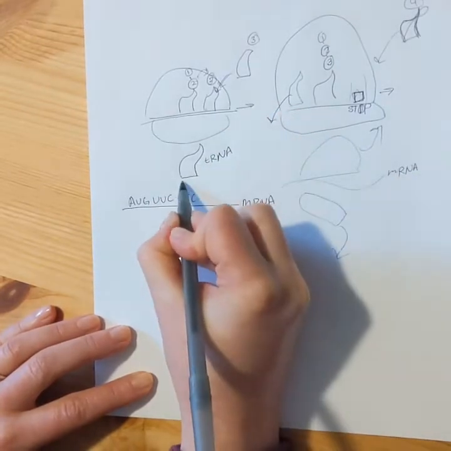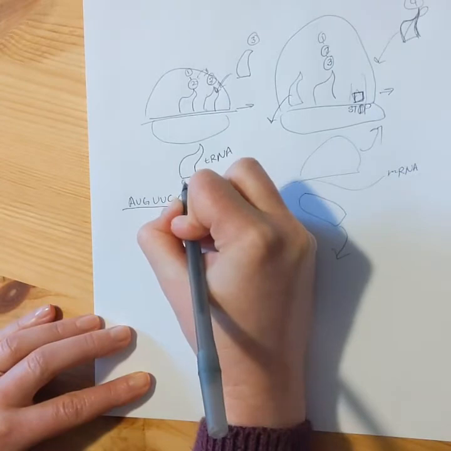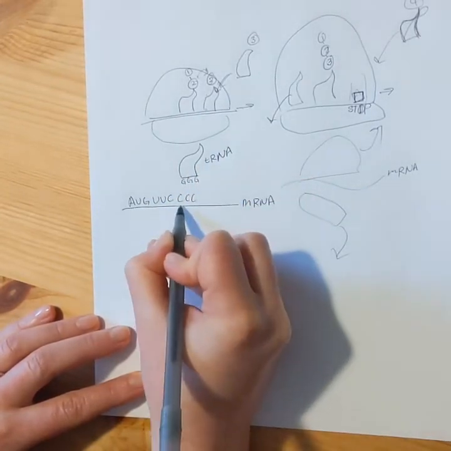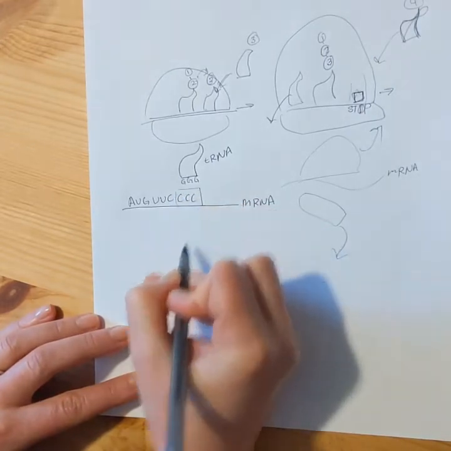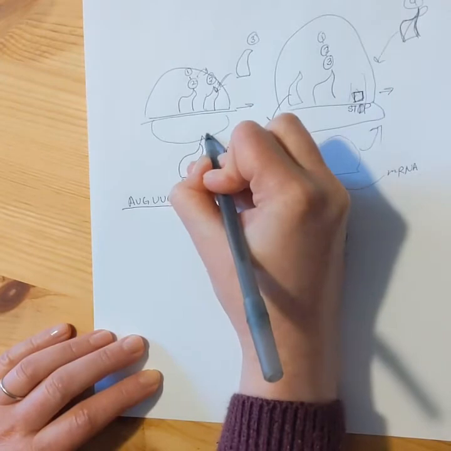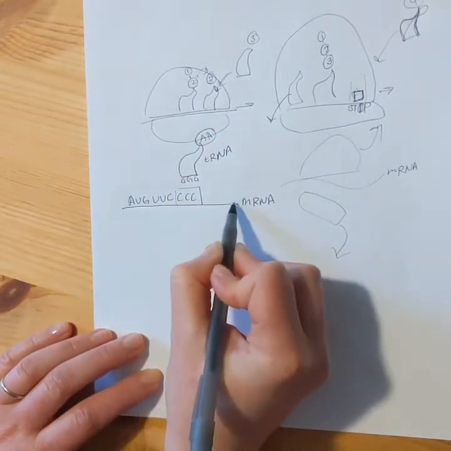There is an anticodon sequence. So at the base here, there's GGG. So this tRNA will only pair with this codon. And so that ensures that the amino acid that's being carried by this tRNA goes in the right place.